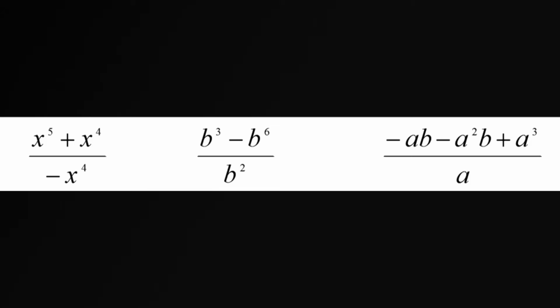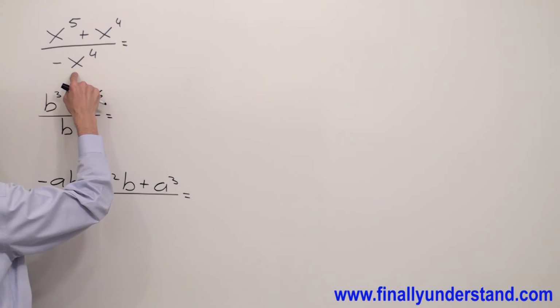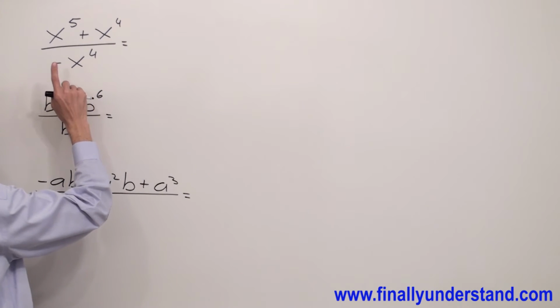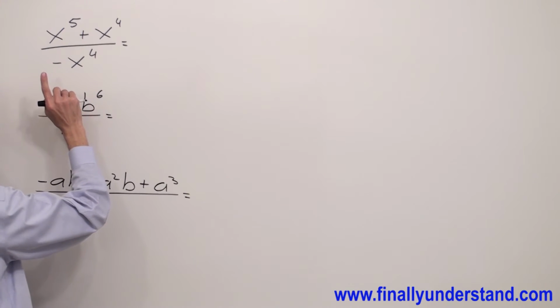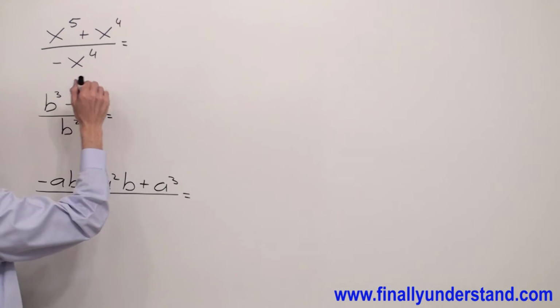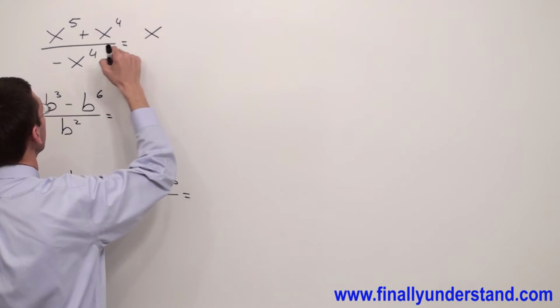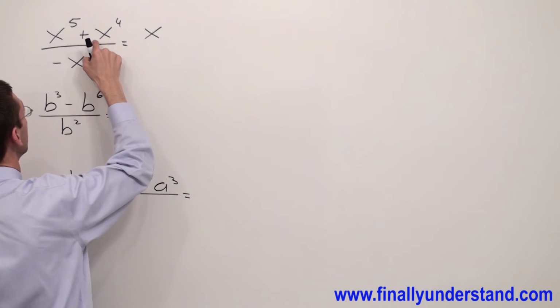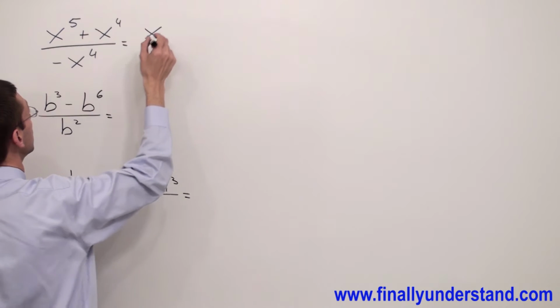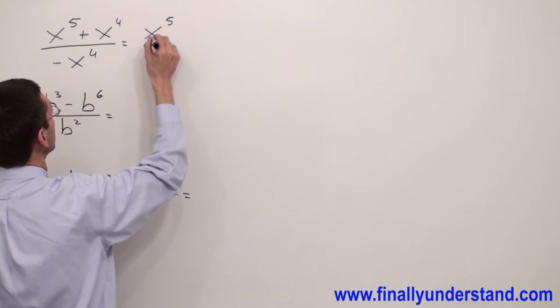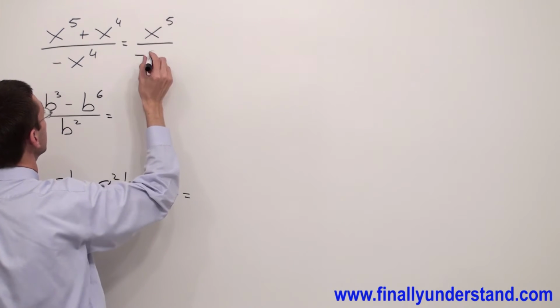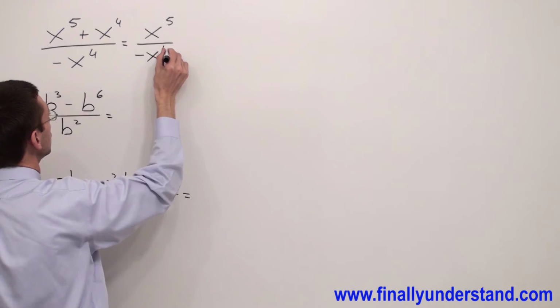Remember, anytime you divide a binomial by a monomial, you're supposed to divide every single term of the binomial by the monomial. In other words, I'm supposed to divide every single term from my numerator by the denominator. So I have x to the fifth divided by negative x to the fourth.